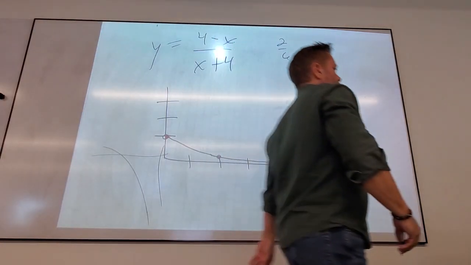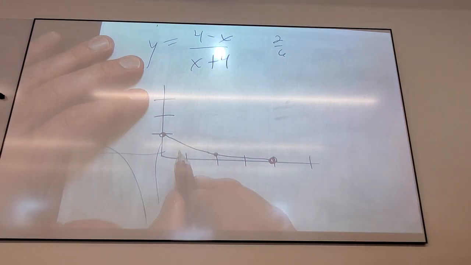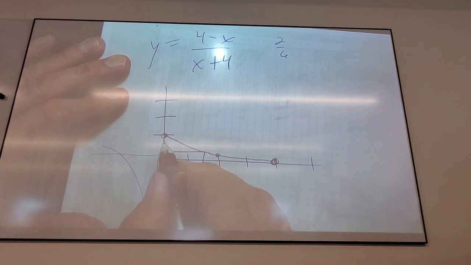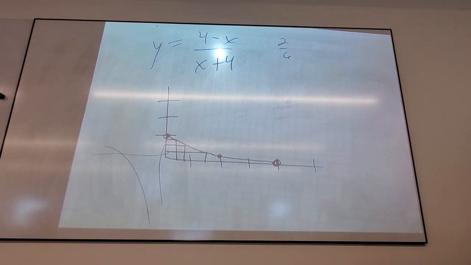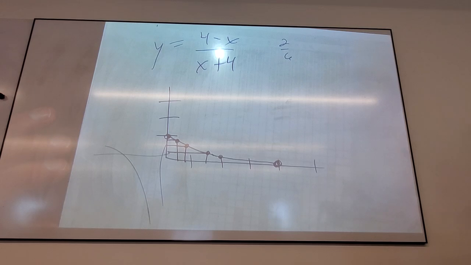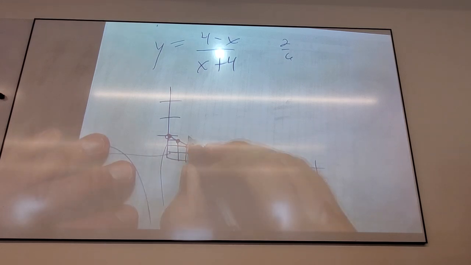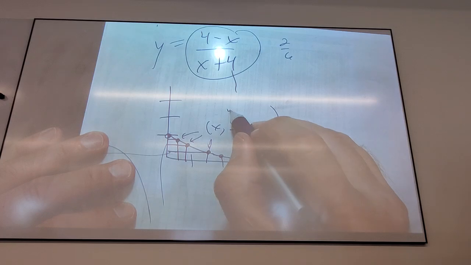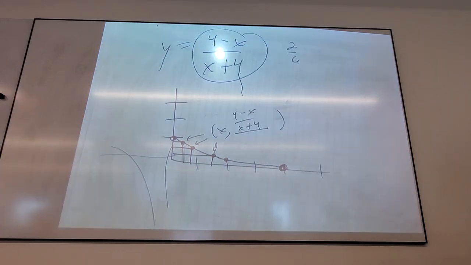So one I could draw would look like this, or I could draw this; it doesn't matter which one you draw. What is always true is that one corner of it is going to sit on that function. So what point is any of these? X, Y. And what's Y? The 4 minus x, over x. Yes, okay.